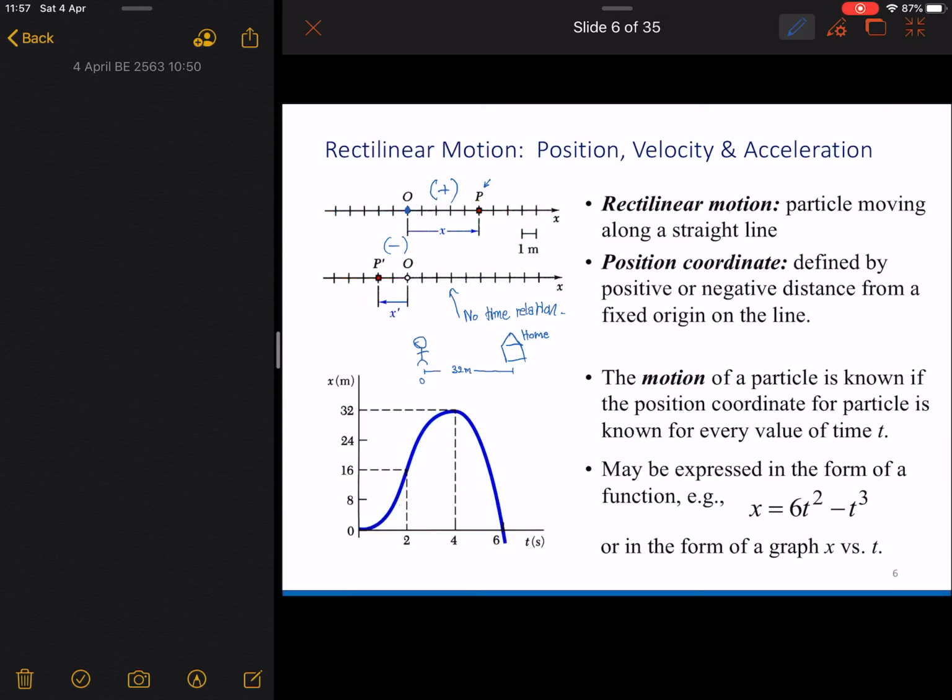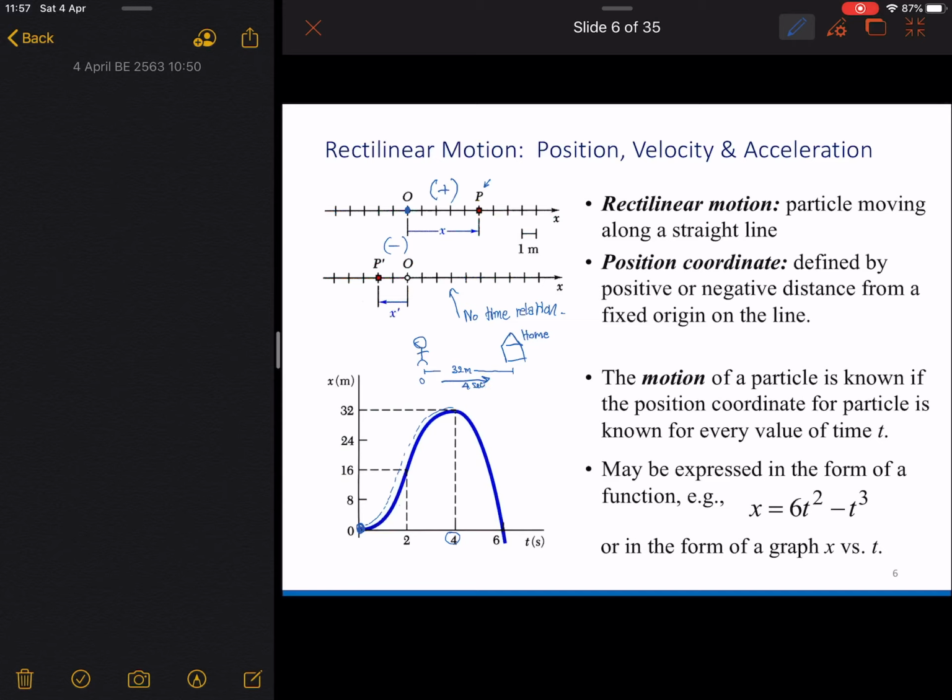You reach it in the graph at 4 seconds, because you are spending time from 0, walking along until 4 seconds, then you reach the 32 meter distance. So you spend 4 seconds going forward.